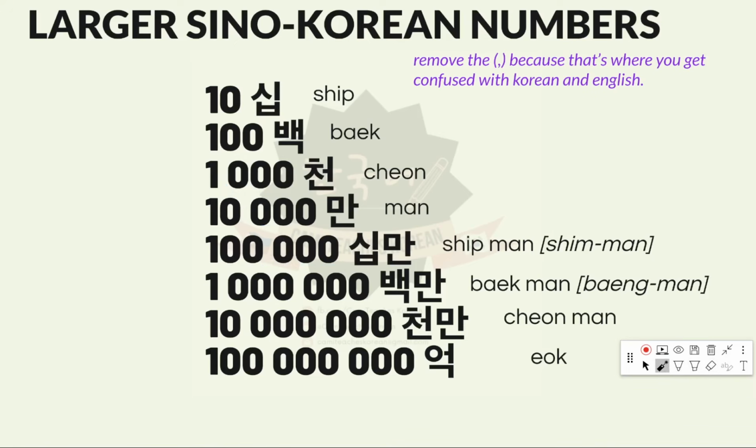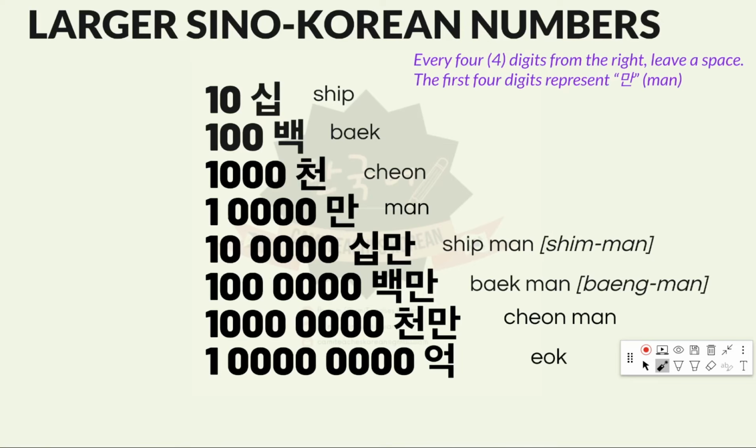So what we will do, tinanggal ko muna yung comma so that you don't get confused with the Korean and English words. Alright, so tinanggal ko muna. Ngayon, adjust ko siya. I just moved the zeros. Okay? So dito, sa 10, 100, and 1,000, I removed the 1,000 here. Tinanggal ko yung comma, tinanggal ko yung space.